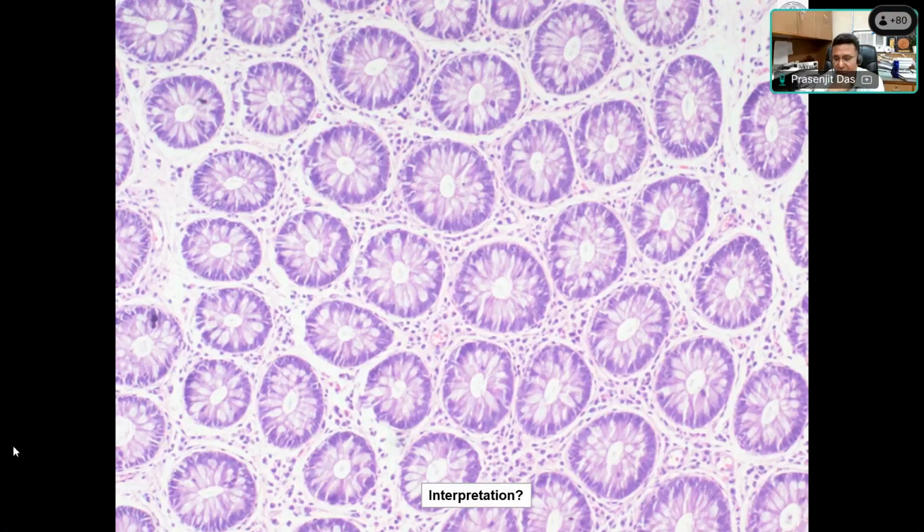And why are you saying it is normal? Why is it not inflamed? There is equal distance between them. Okay. And there is a lamina propria in between them. So we can see the lamina propria. There are a few inflammatory cells, but these are normal cells and this is not inflamed.